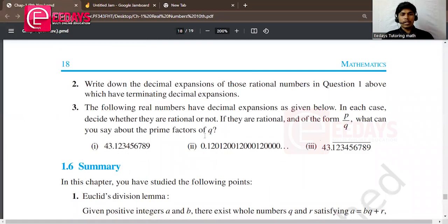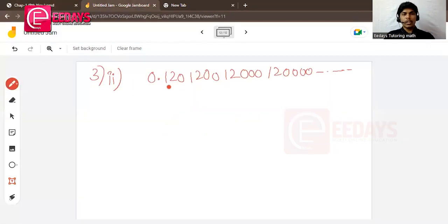Here we can't put a bar anywhere. The pattern goes 120, 1200, 12000 and so on. So we can't write it in the form of P by Q. So it is non-terminating.